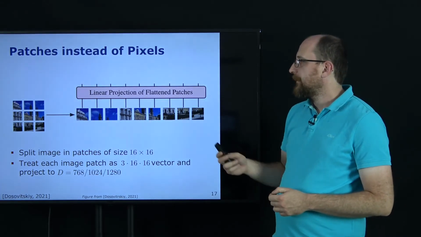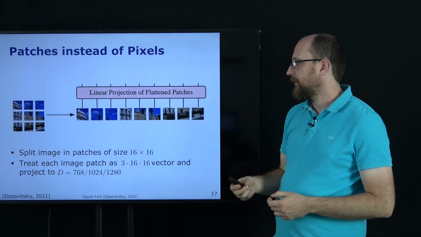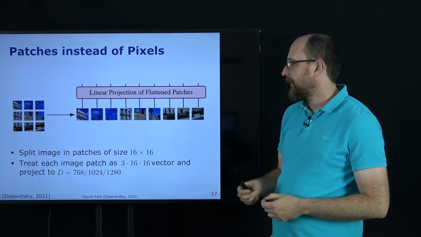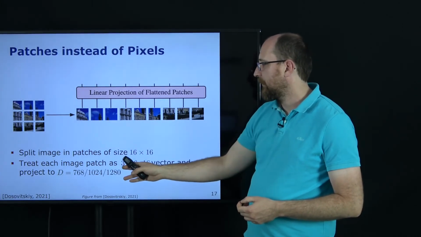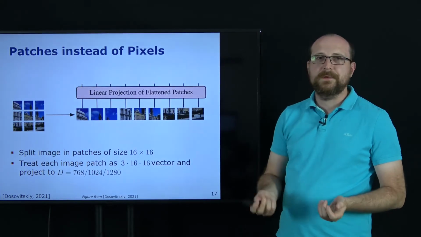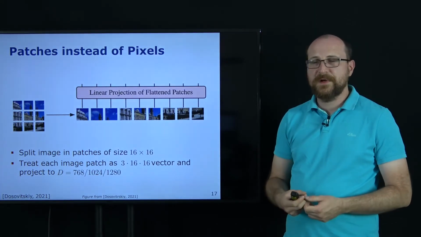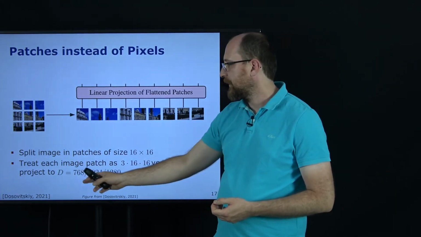The patches are then just reshaped into a vector of 3 by 16 by 16, so the dimension is then something like 768.